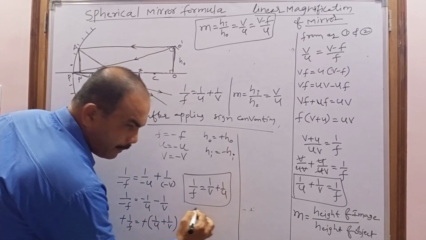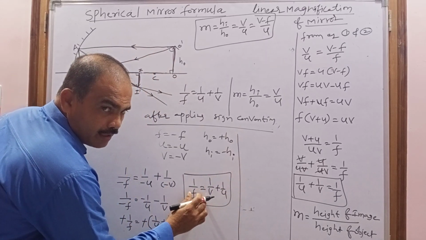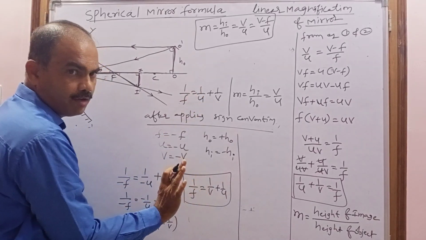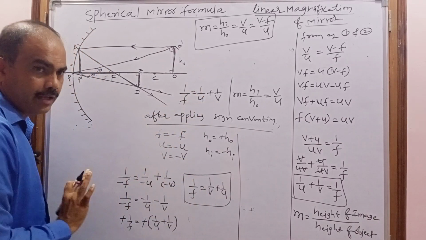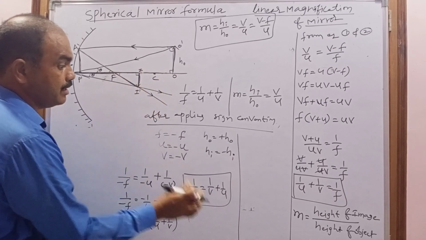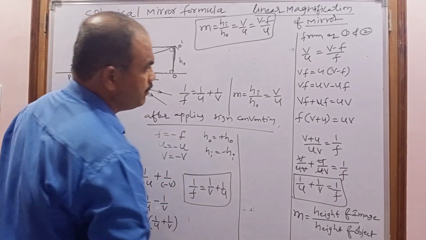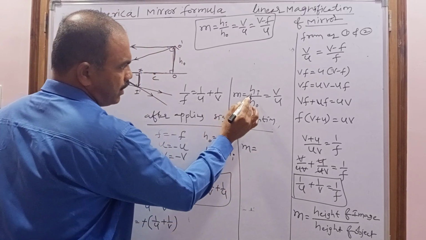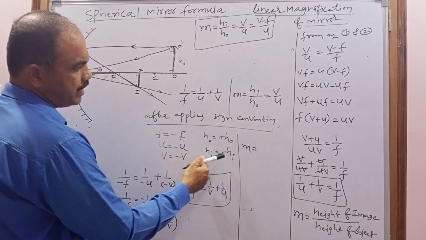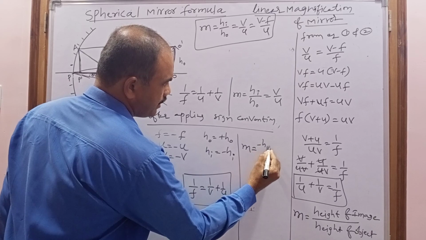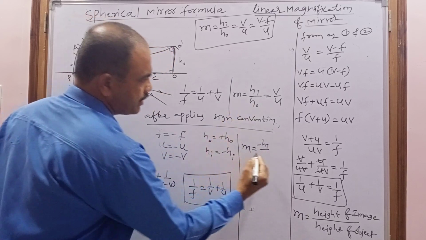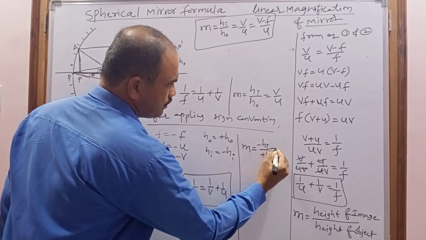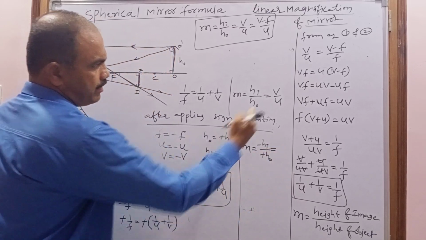So this is the concave mirror formula. The general formula and the concave mirror formula will be the same after applying the sign convention when the object is beyond C. And next come to the magnification, m equal to height of the image, minus hi, by height of the object, plus h naught, equal to v by u.